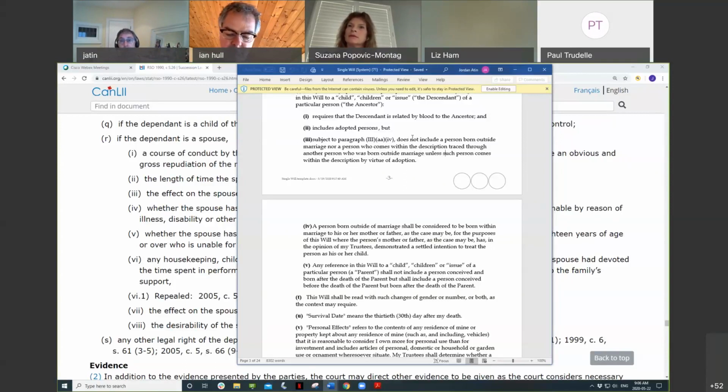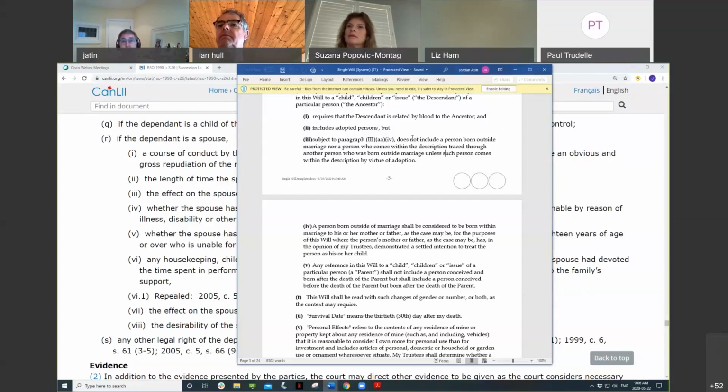for that land in that jurisdiction, because land is governed by the law of the land. And so I can't give an opinion on whether my will is going to cover Spanish property, because many jurisdictions have forced heirship with respect to land.